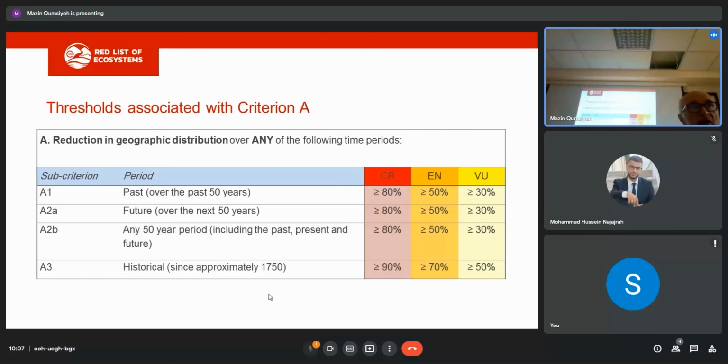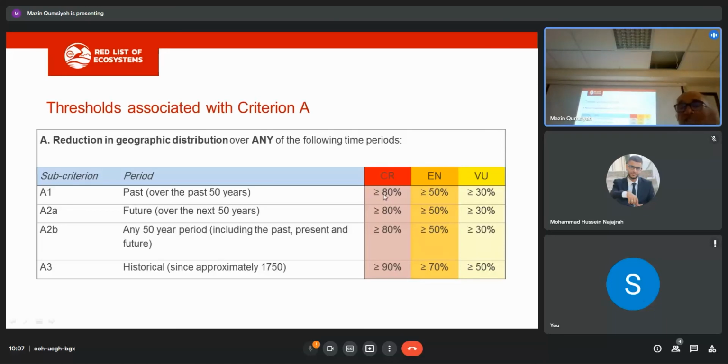So it's sufficient if one of the sub-criteria is assessed. And after, A1 is a past reduction over the past 50 years, so quite a long time.